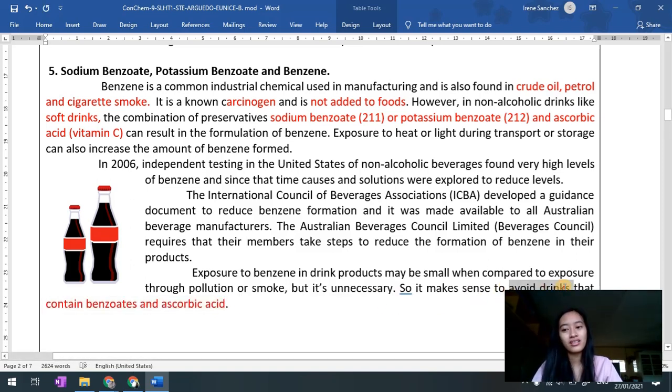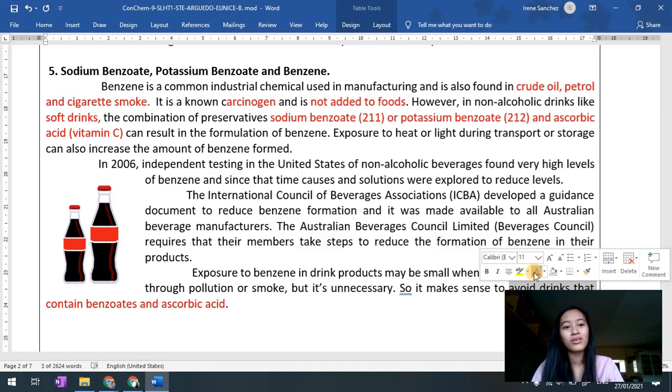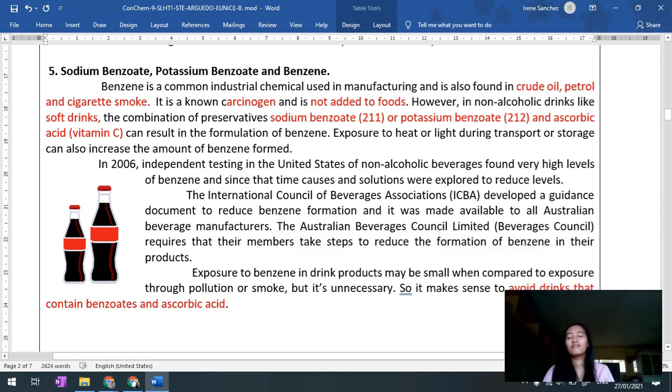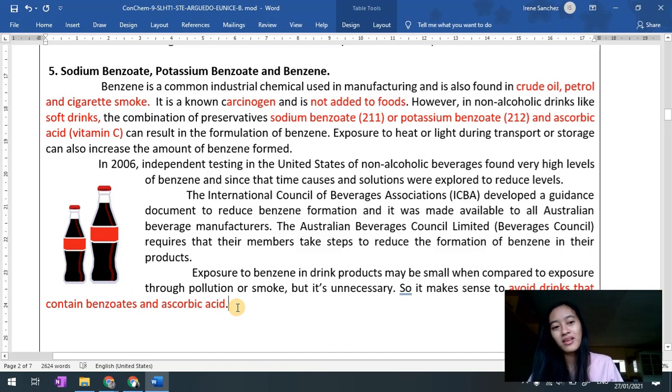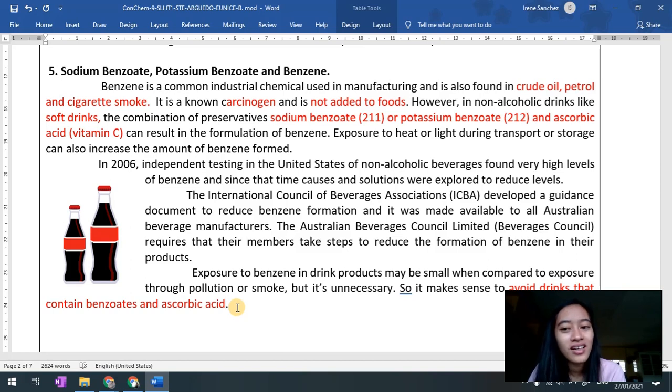Wow, interesting. Most of the drinks say they have vitamin C, and maybe for some reason you can search how they regulate it. But yeah, it's better to avoid.